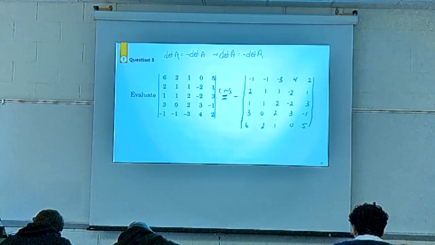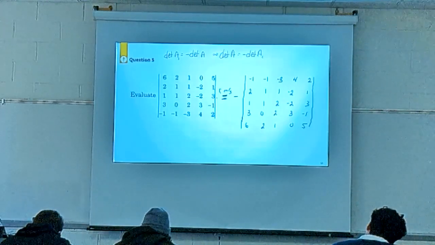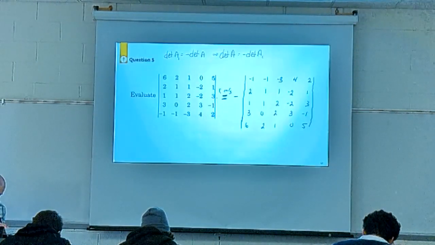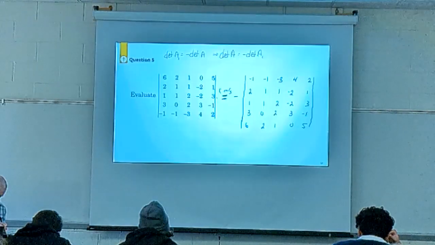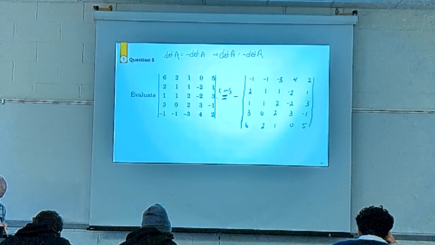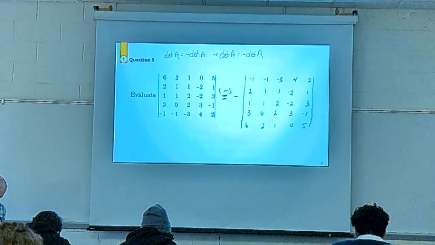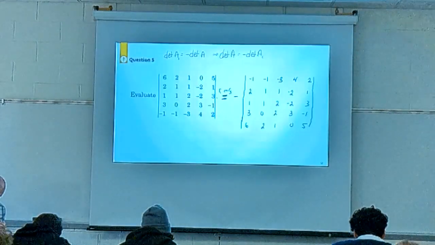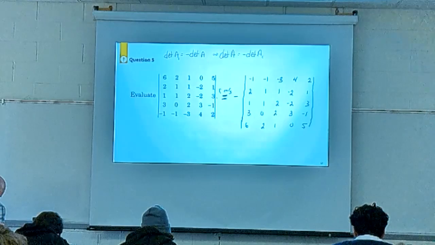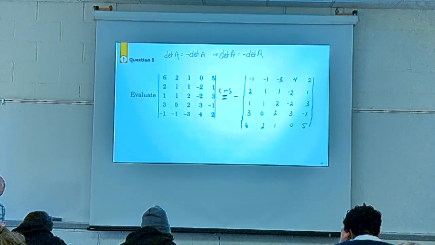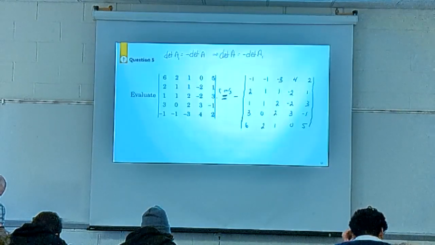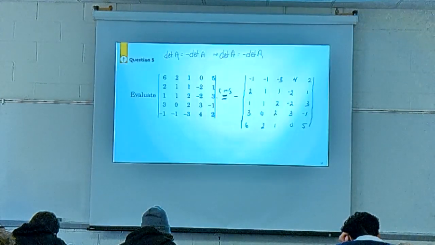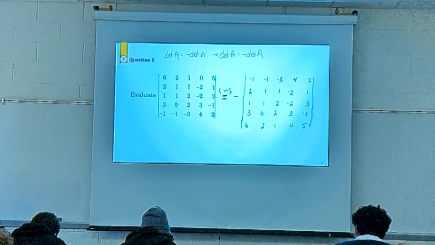We want 2 row 1 plus row 2, row 1 plus row 3, 3 row 1 plus row 4, and then 6 row 1 plus row 5. Finish off row 2. Negative 2 plus 1.